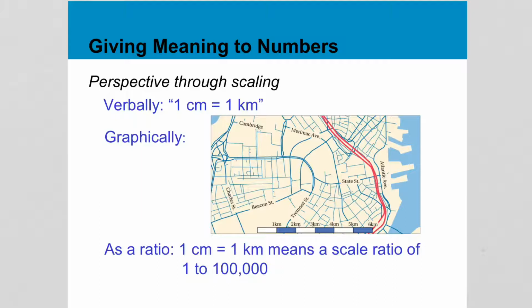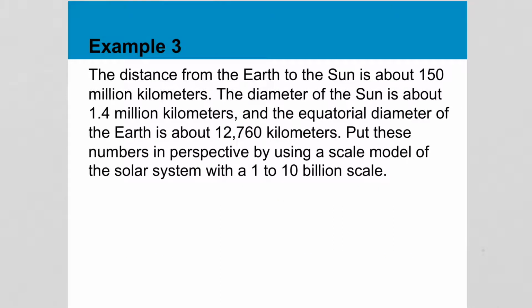As a ratio, 1 centimeter equals 1 kilometer means a scale ratio of 1 to 100,000.